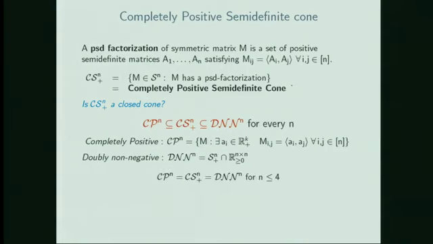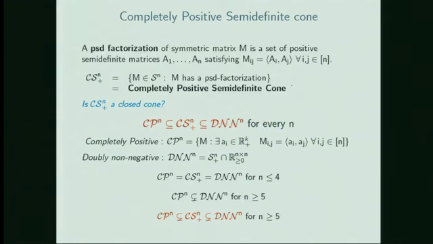So a classical result in the literature is that completely positive and doubly non-negative collapse for n smaller or equal to 4. So this cone is exactly equal to the doubly non-negative cone or the completely positive one. It's also known that for n bigger or equal to 5, a separation exists, and a separation exists also between these three cones.